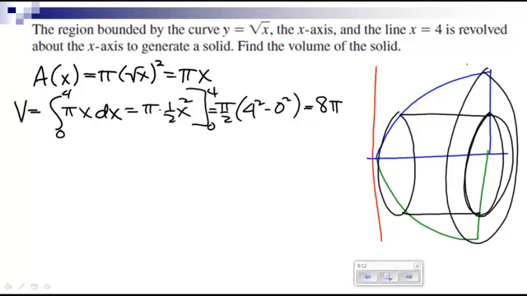All right? This cylinder has a thickness that I would grab this way, a dy thickness. This cylinder, if I unwrapped it, would have a rectangular area which is as long as its circumference.